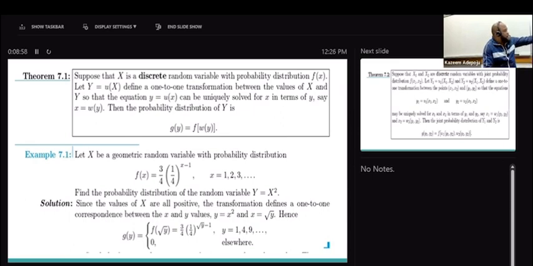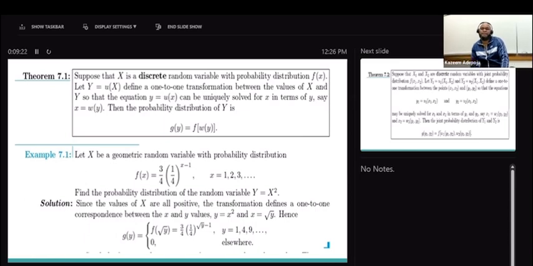Then I'm going to also state the state space. The state space of X was 1, 2, 3. Now, I want to get the state space of Y, and don't forget that Y equals X squared. Then it means I'm basically going to square the state space of X to be able to get the state space of Y. Any question?